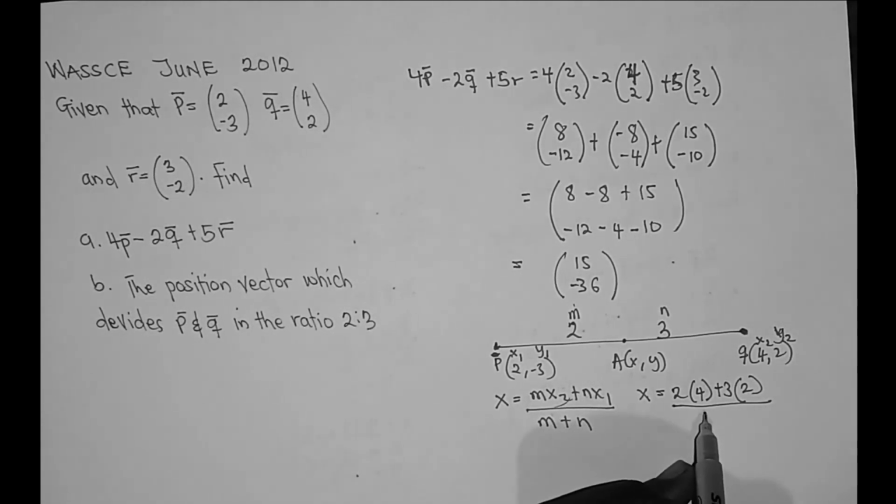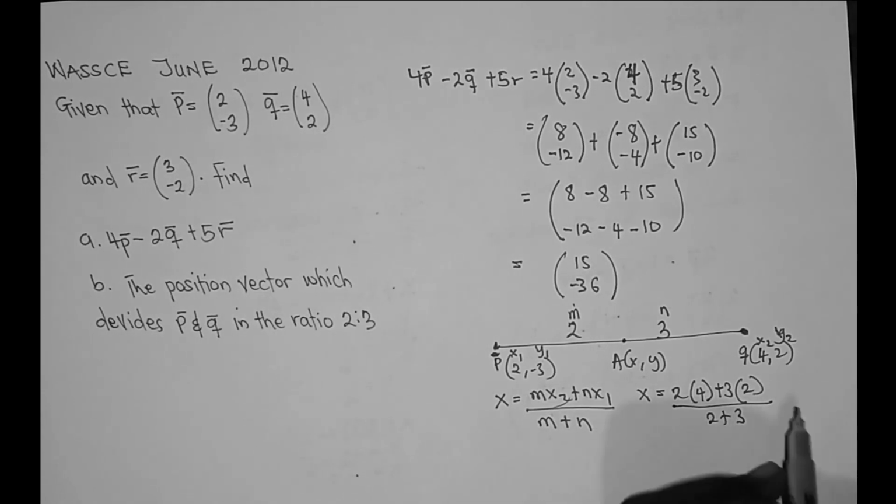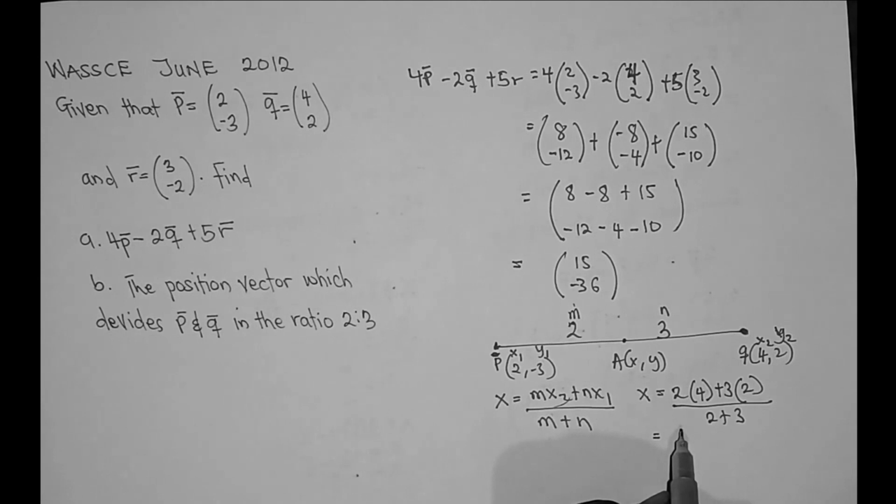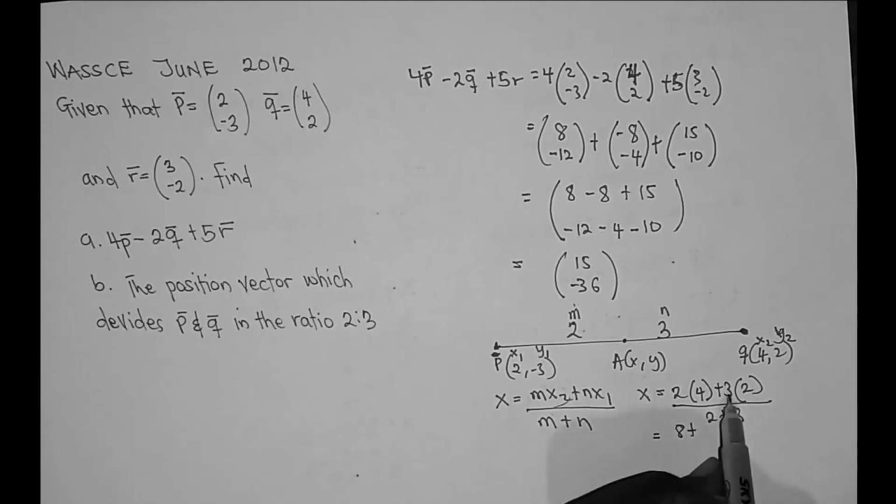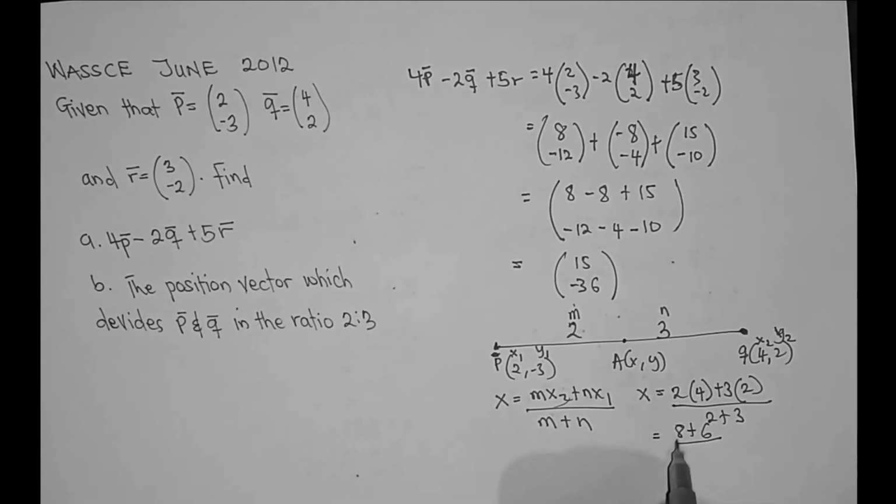M plus n equals 2 plus 3. So this is equal to 2 times 4 is 8 plus 3 times 2 is 6, divided by 2 plus 3 is 5. And then this is equal to 8 plus 6 is 14, divided by 5. So this is the x component.